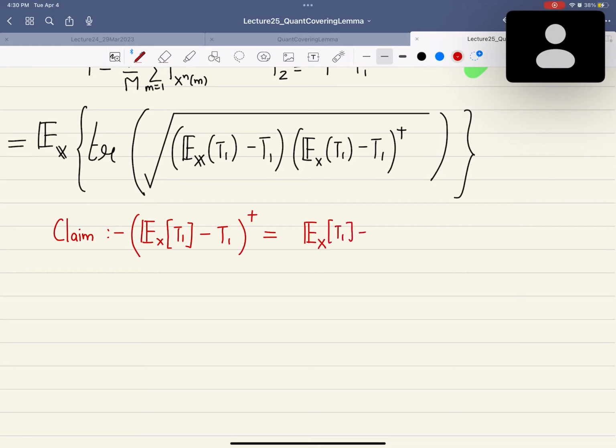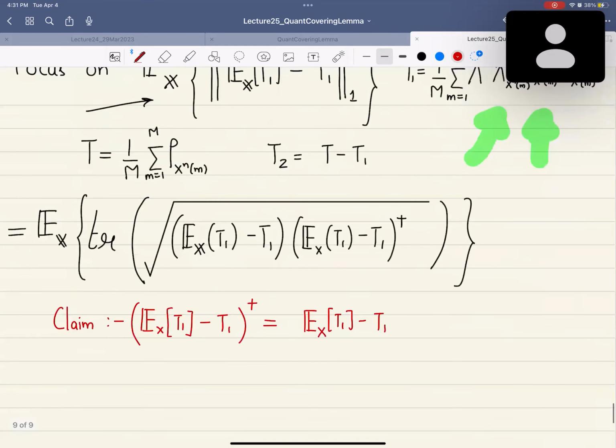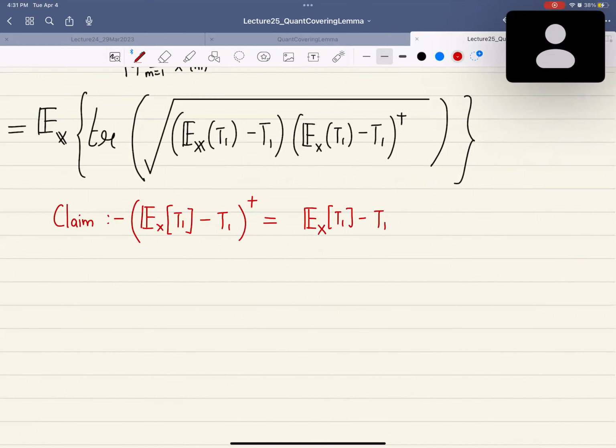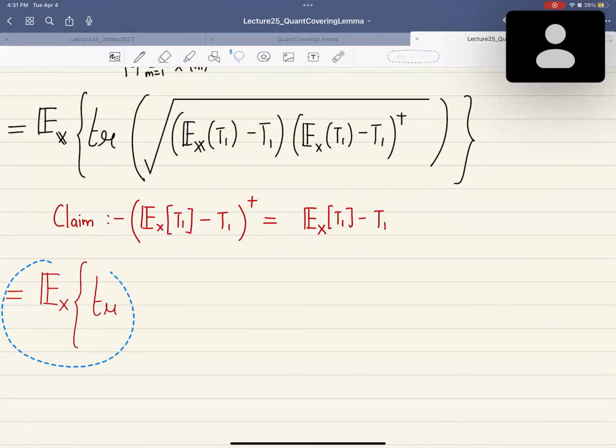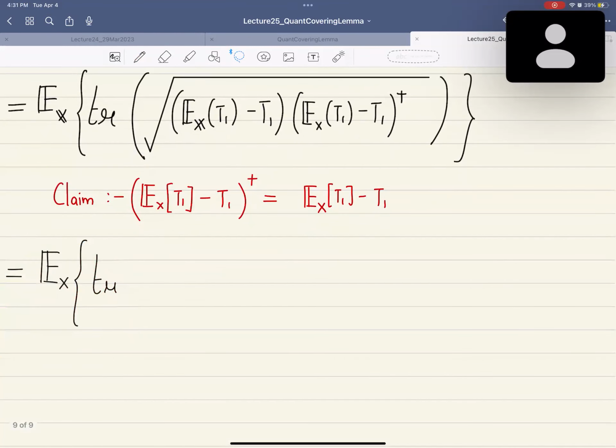Every term is self-adjoint, so when you take a convex combination, this is going to be self-adjoint, and so that term is the same. Actually, I don't need that claim.